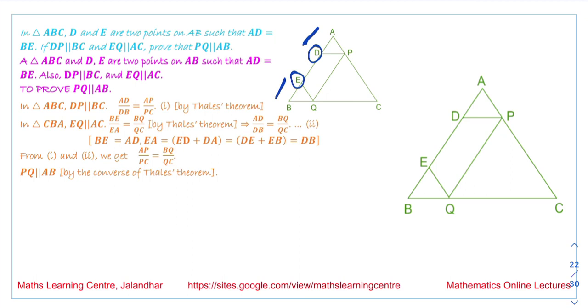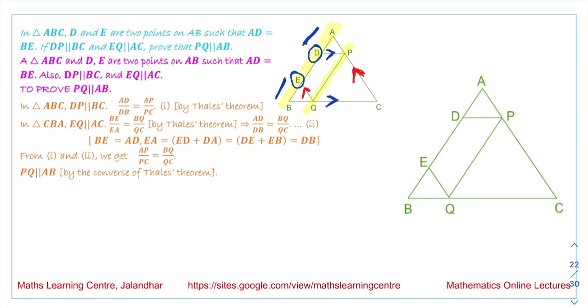If DP is parallel to BC, and EQ is parallel to AC, then we have to prove that PQ is parallel to AB. We have to prove that this PQ and AB are also parallel to each other.